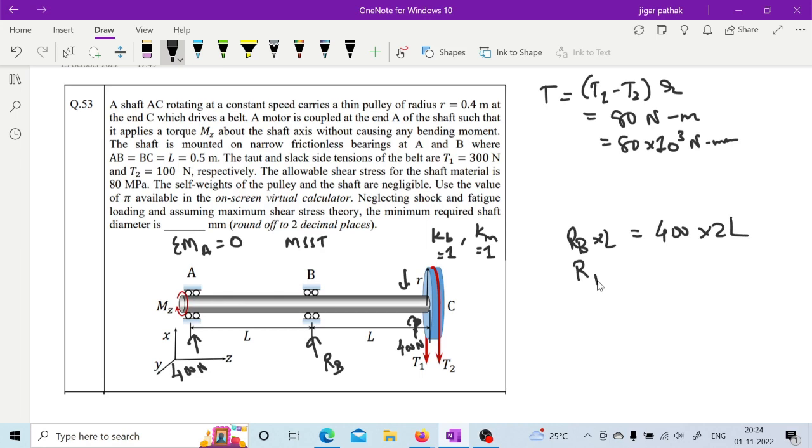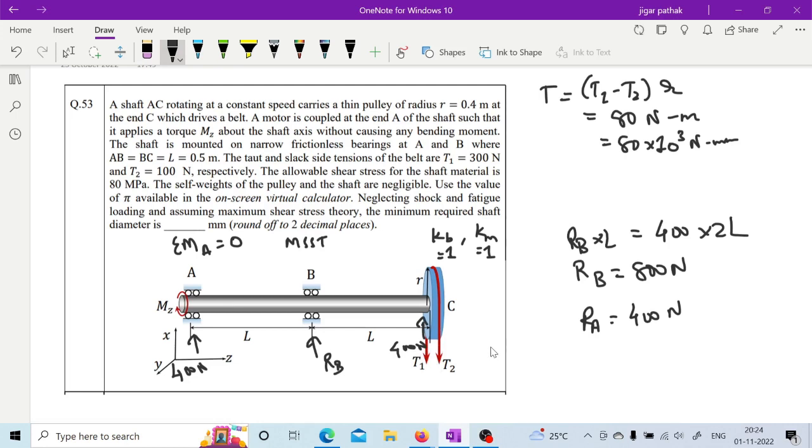From this RB can be calculated as 800 Newton, and because of that you will get RA also 400. So this is how you have the different forces and moment acting on this particular shaft.